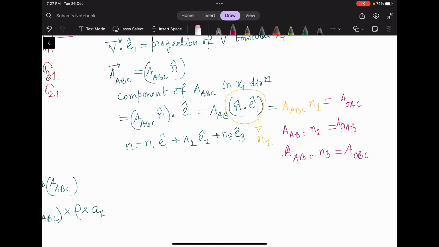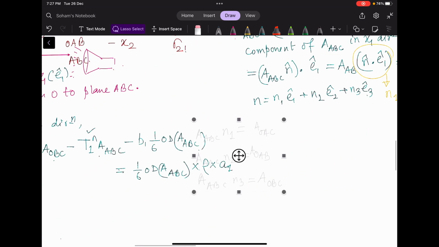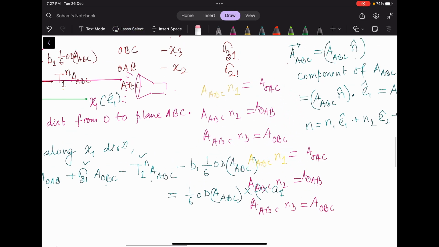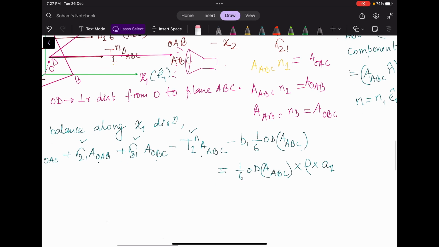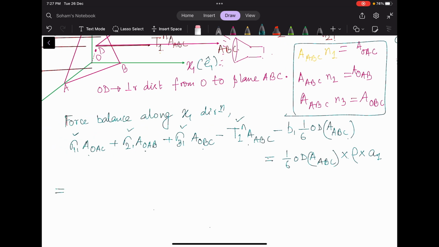We don't have to remember this, I can lasso it. I think this will be enough here. We have to keep in mind this section. So now in place of area of OAC, I can write what?